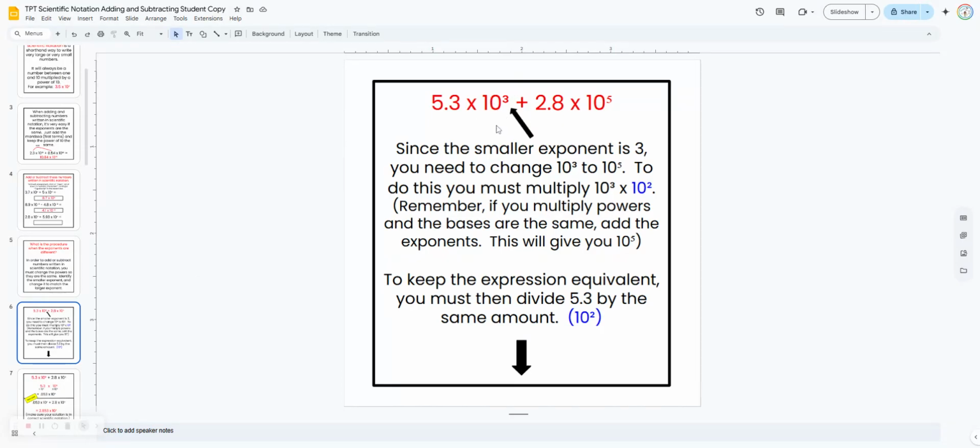We want to take our smaller one and multiply times 10 squared. If we multiply times 10 squared, that means we're adding the exponents, and this will now be 10 to the 5th power. However, if we multiply times 10 squared here, we have to divide by 10 squared here at 5 and 3/10. And that keeps it equivalent.